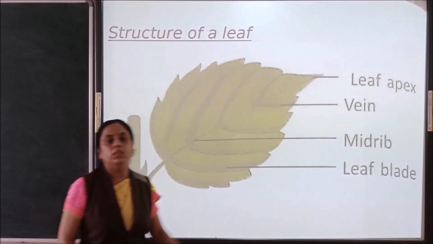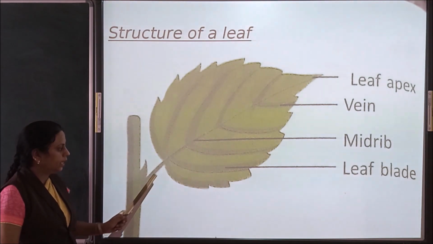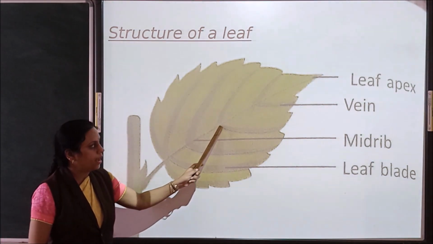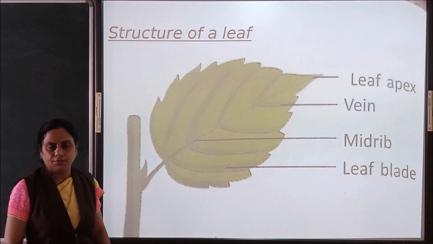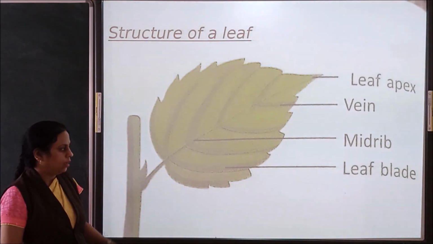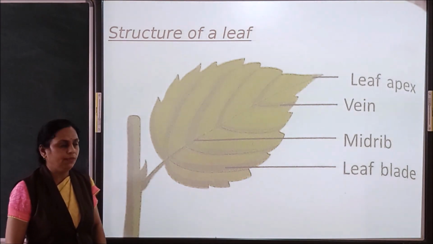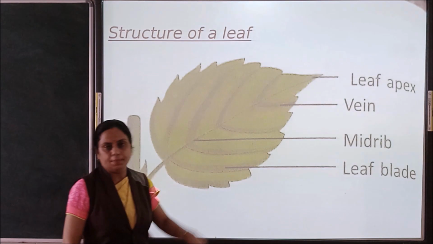Leaf blade is also known as lamina. Now you can see a thick line running through the center of the leaf. It's called the midrib.